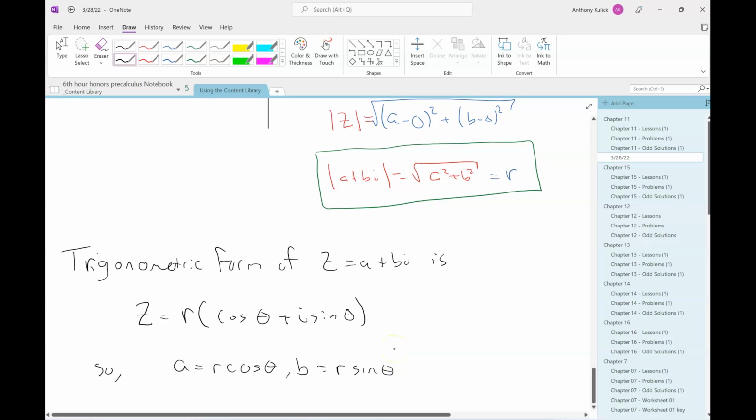So basically what we have here is that our complex number a plus bi, we can replace the a with an r cosine theta and the b with an r sine theta, and that'll simplify down into our trigonometric form. Boy, does this look familiar yet? This is basically the same thing we did with polar coordinates, just like last chapter. Boy, it's nice when this happens, when it's like, hey, this is really the exact same structure, and it's working exactly the same way.